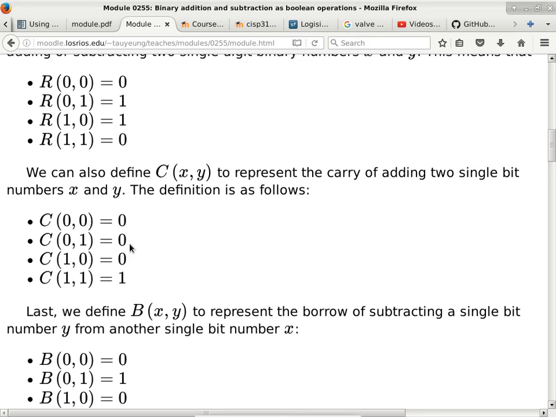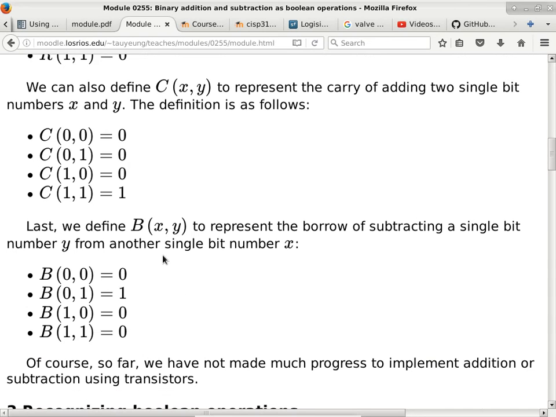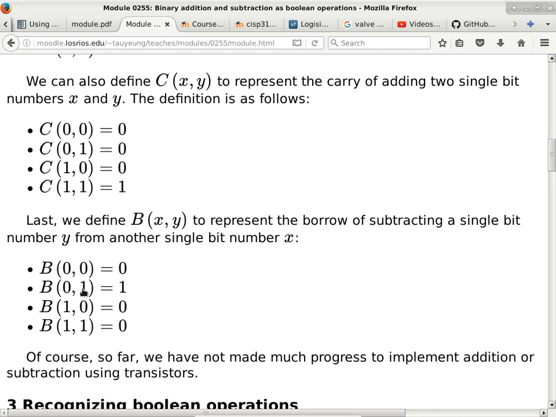Well, what about the other ones? Maybe this is just coincidental and it's easy to do it. What about borrow? I bet you cannot use a single gate to do borrow. And the answer is right. I cannot use a single gate to do borrow. I need 2 logic gates to do it, because I can negate the first input and keep the second one and put a conjunction.